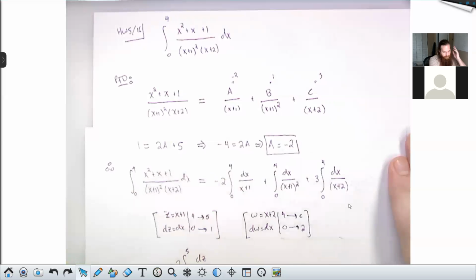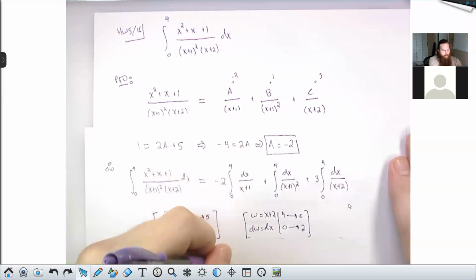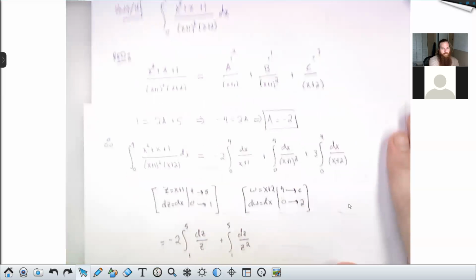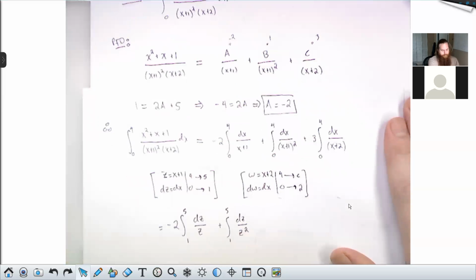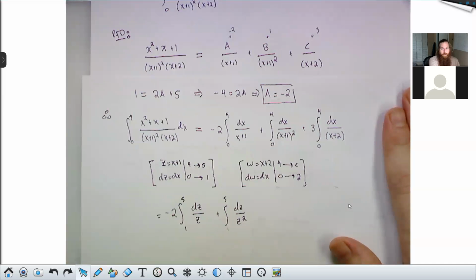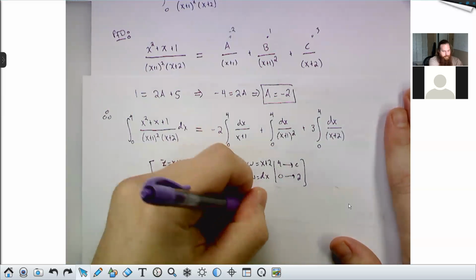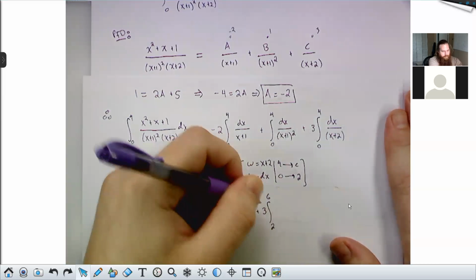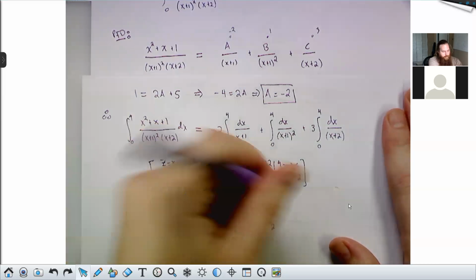That's my first integral, plus integral 1 to 5 dz over z squared. That's the second integral. And then the third integral we'll have here plus 3 times the integral from 2 to 6 of dw over w.